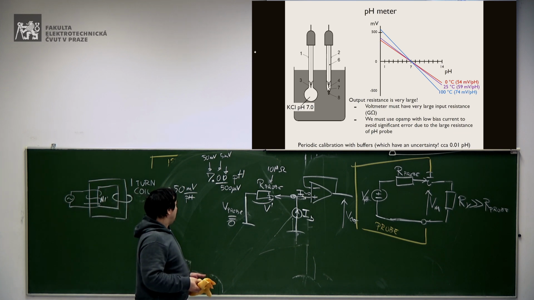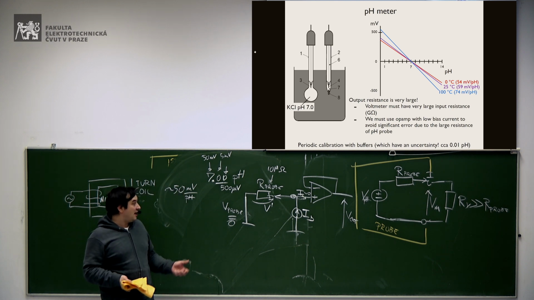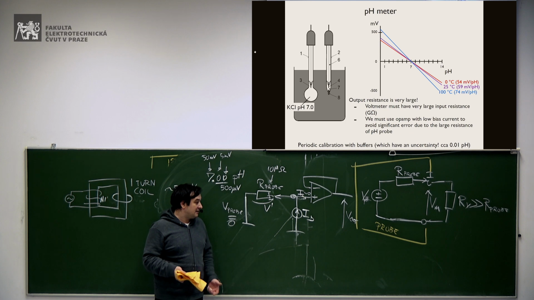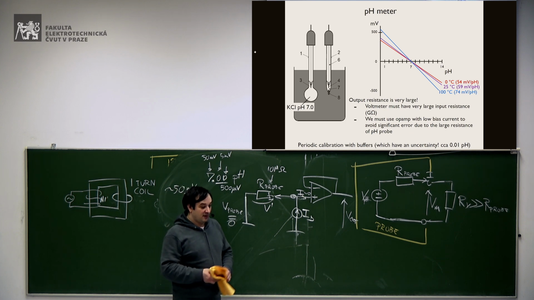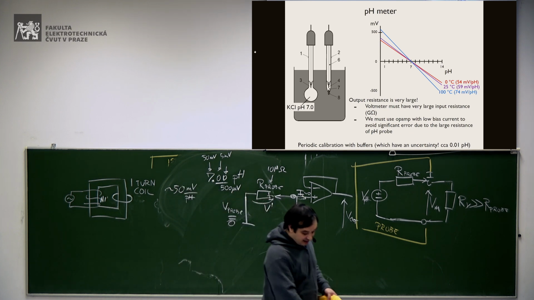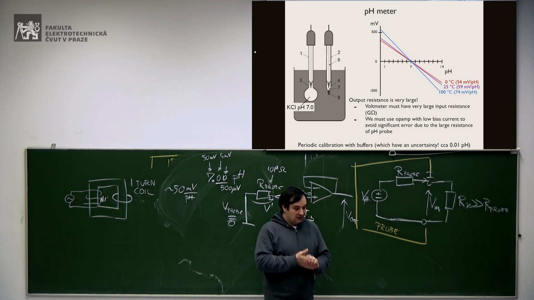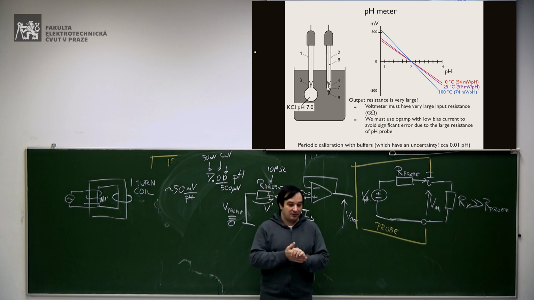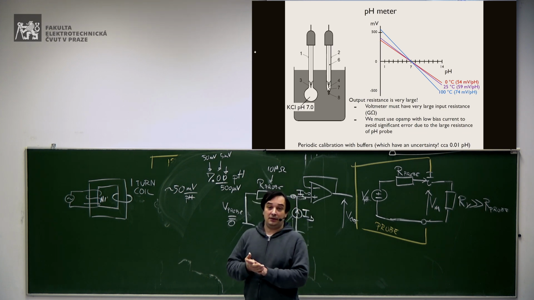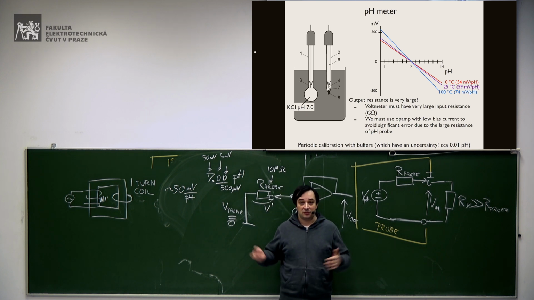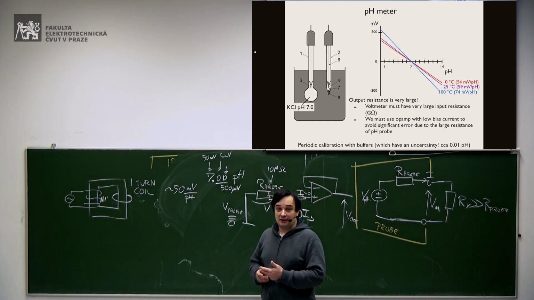And that is a problem because an operational amplifier with femtoampere bias current is kind of expensive. Well, not dramatically expensive, but an operational amplifier with tens of femtoamperes can be 1 euro or even 2 euros, something like that.